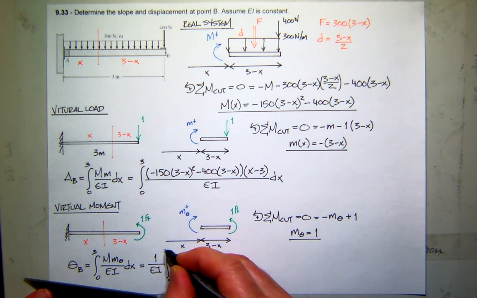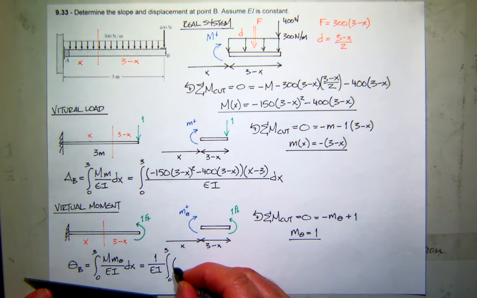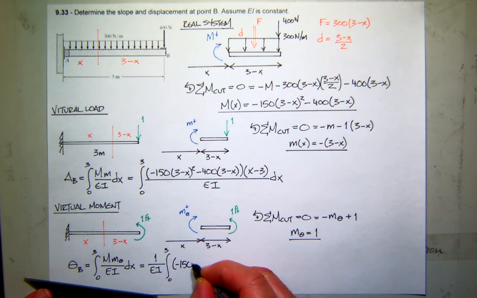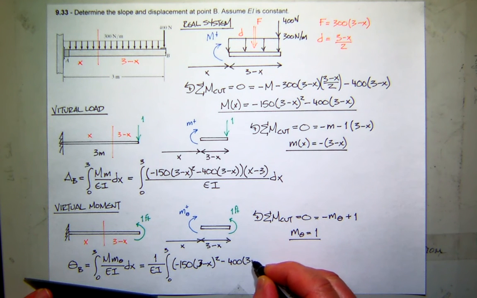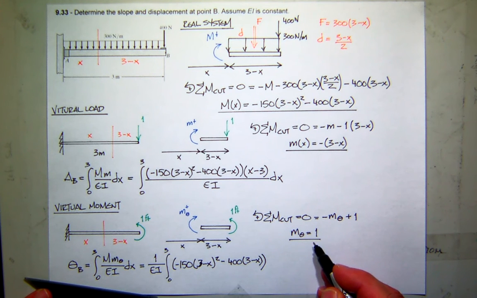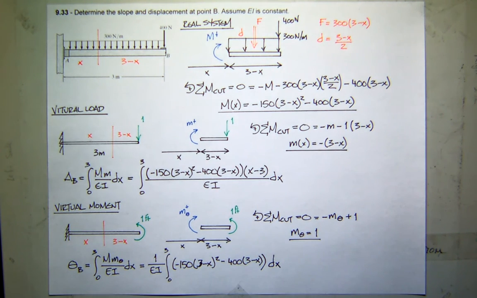I have an integral from 0 to 3 of my real moment, which is this long thing here, minus 150 times (3 minus x) squared, minus 400 times (3 minus x), times the virtual moment, which is 1. Done. Cool, huh?